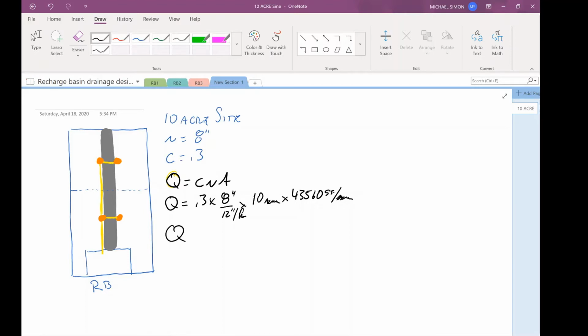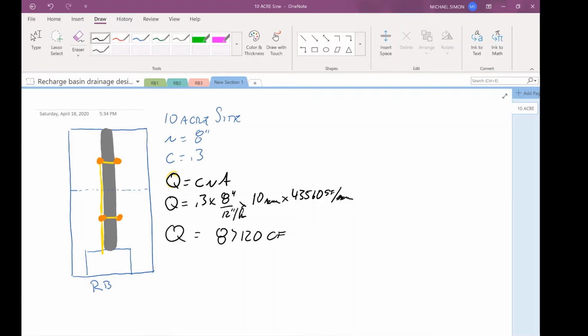So we need to store 0.3 times 8 divided by 12 times 43,560 times 10, 87,120 cubic feet. Let me just double check that number. 0.3 times 8 over 12 times 43,560 times 10.